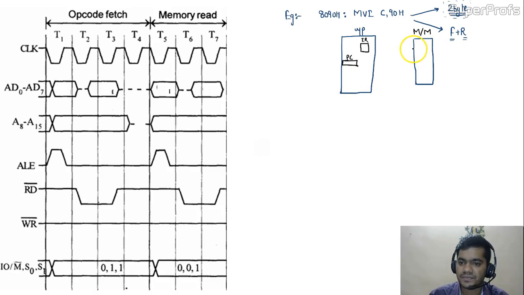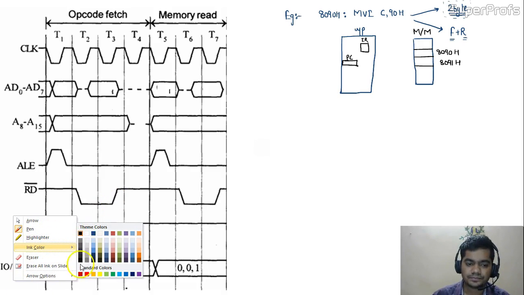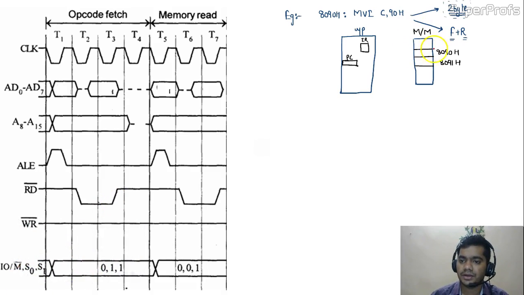The memory address is starting from 00, but we are going to see 8090H and 8091H. From the length of the instruction we understand there are 2 bytes of memory. In the first byte the opcode is stored, and in the second byte the data 90 is stored.